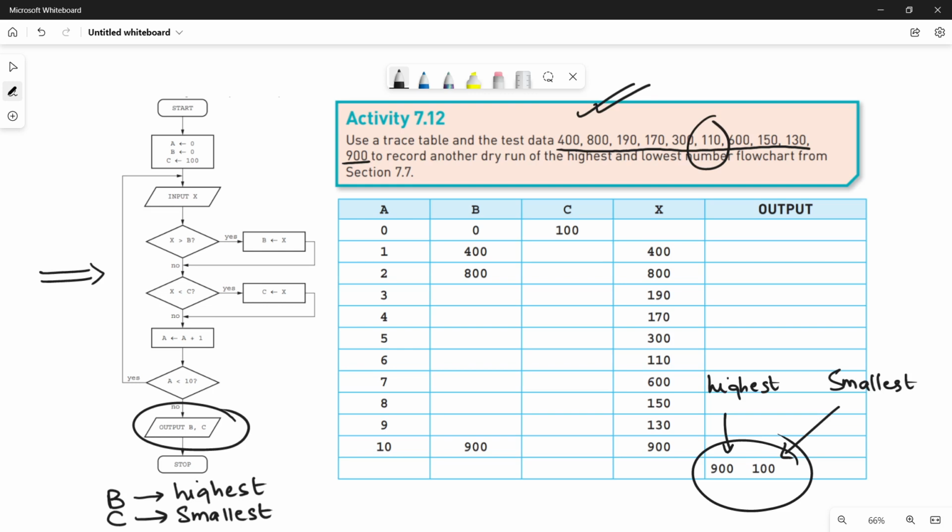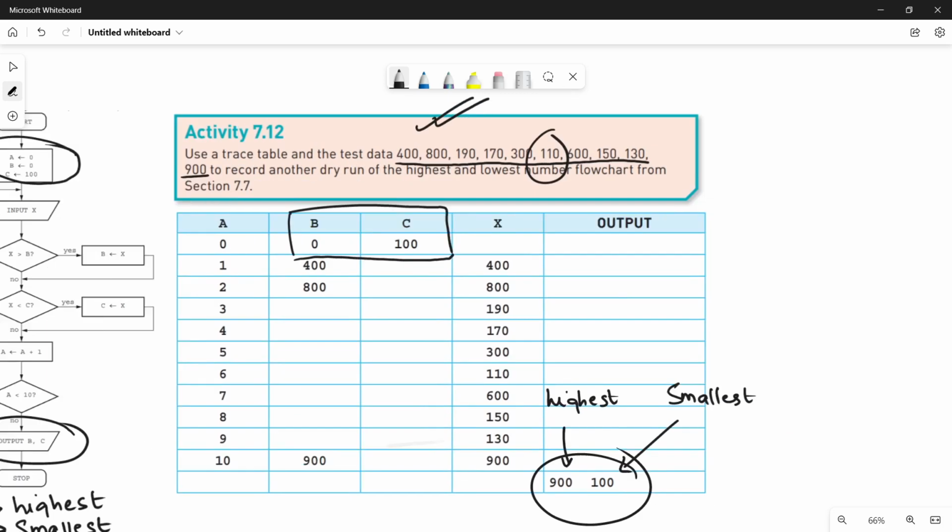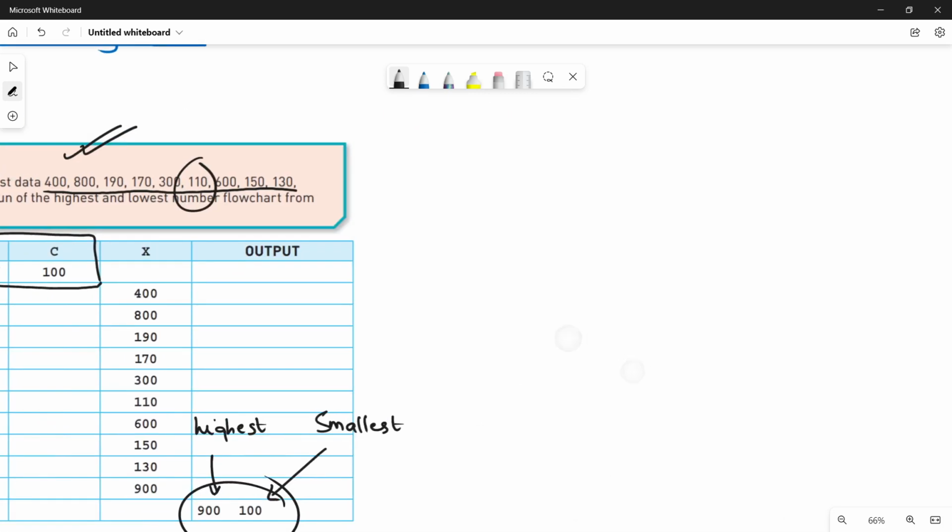Why is it so? Because look at the initial values for your variables B and C that are set by your pseudocode over here. Now, let me explain this. Variable B was set to 0 and C was set to 100. B is a variable that is going to store the highest value of your test data. C is the variable used to store the smallest value of your test data.